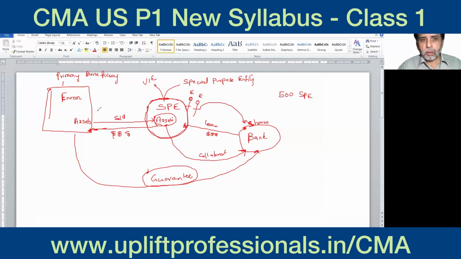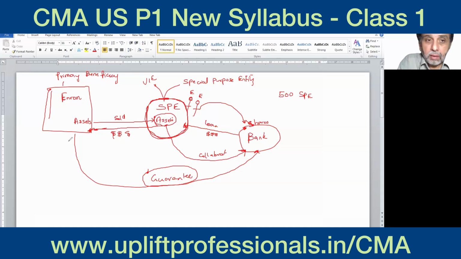The accounting rules changed so that if Enron is the primary beneficiary and has full control over any special purpose entity or variable interest entity, it has to be consolidated. Before, it need not be consolidated. So they were taking advantage of that loophole and deceiving the shareholders. You understand me?